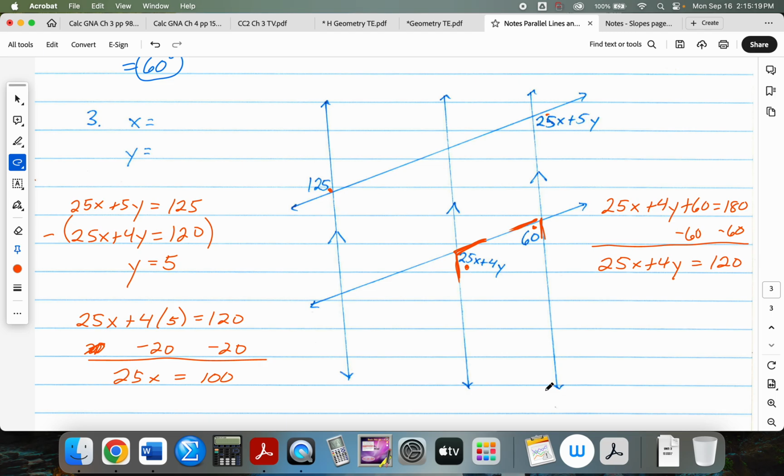So I get 25x is 100. And then dividing, I get x is equal to 4. So x equals 4 and y equals 5.